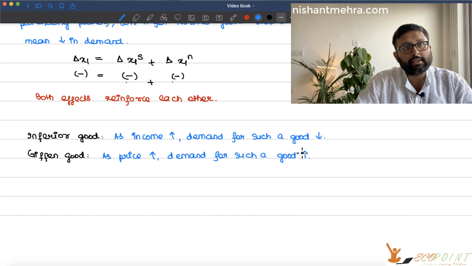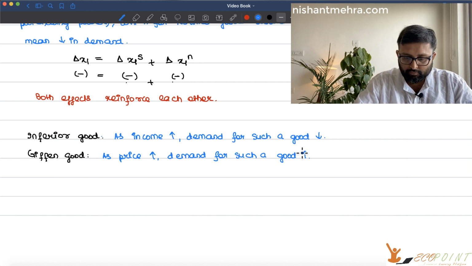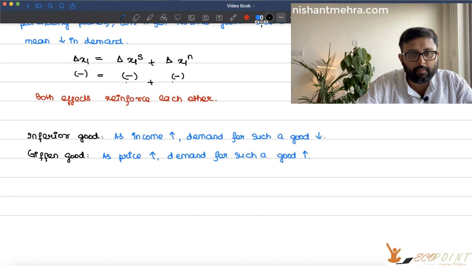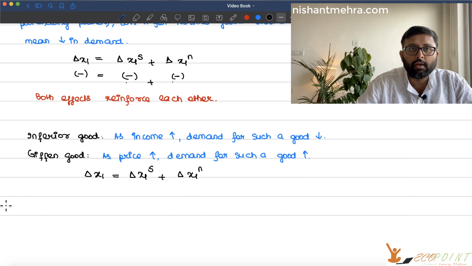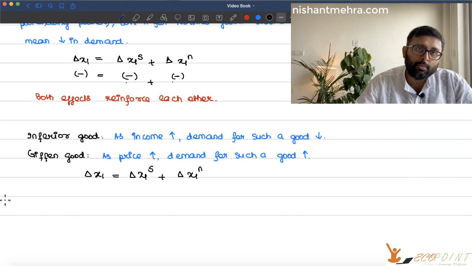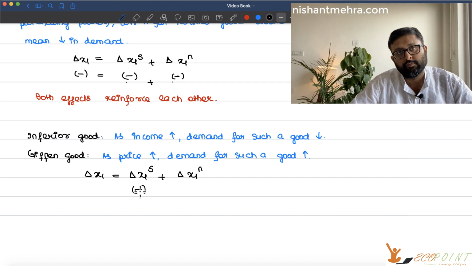Now coming back to our Slutsky thing. You have delta x1, the total change in demand, equal to the substitution effect plus the income effect. Whether the good is a normal good, an inferior good or a Giffen good, the substitution effect will always be negative. No problem with that.